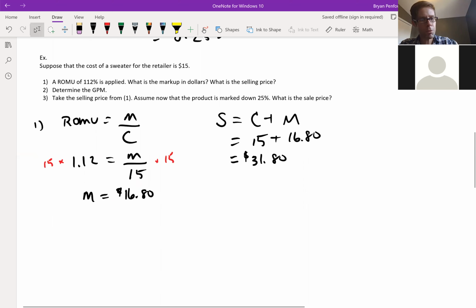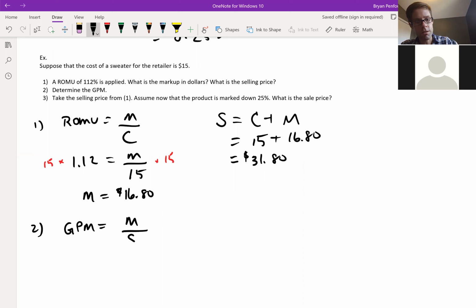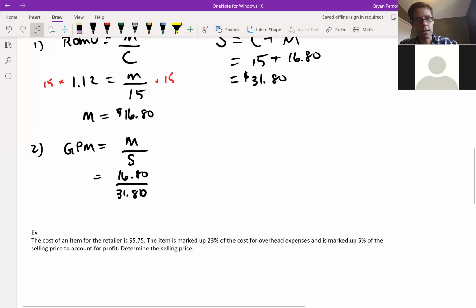Okay, in part two, there are a couple ways you can calculate the gross profit margin. We've seen that the gross profit margin is equal to the markup in dollars divided by the selling price. So this is one way to get the GPM. Now, if our markup is $16.80 and our selling price is $31.80, we can just divide those two things to get what we want.